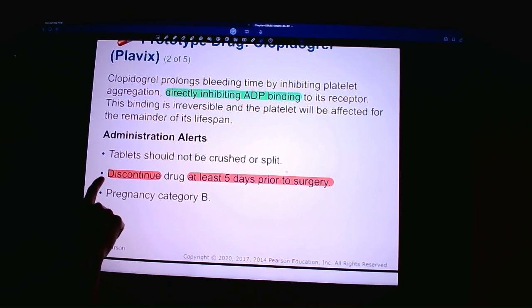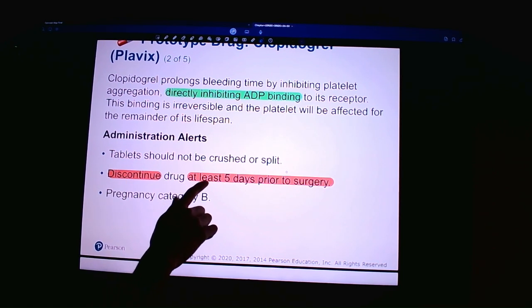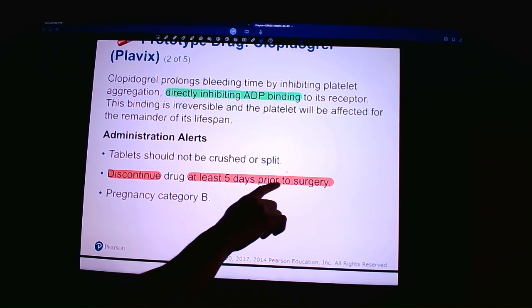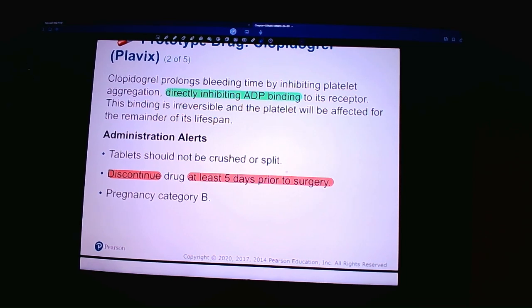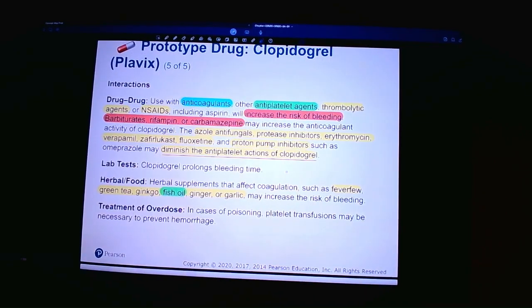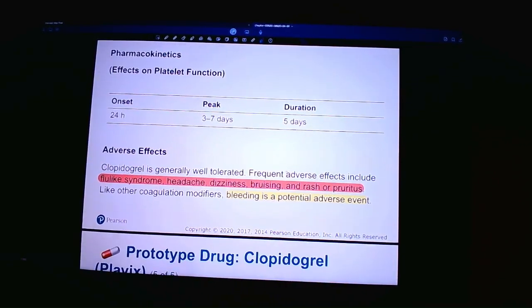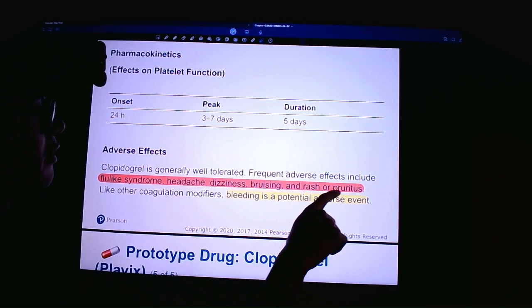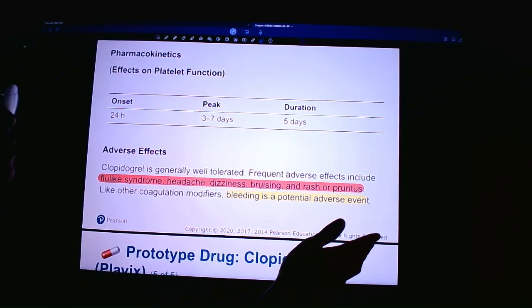So that's the reason why this drug should be discontinued at the bare minimum 5 days prior to surgery. Do not crush or split these drugs, right? Here are our adverse effects: flu-like syndrome, headache, dizziness, bruising, rash, pruritus, and then bleeding, obviously, right?